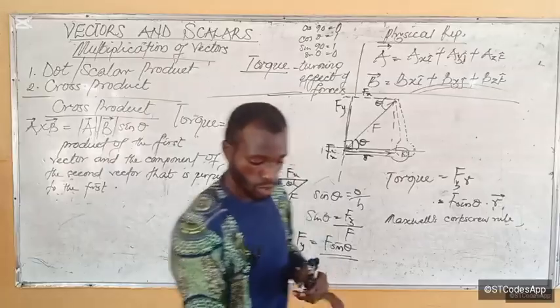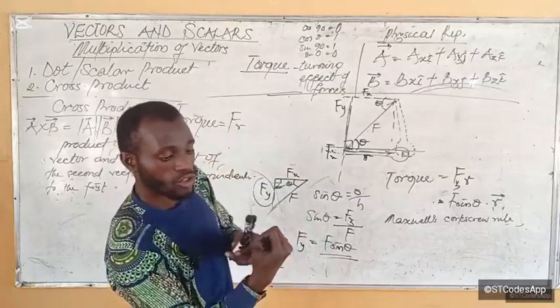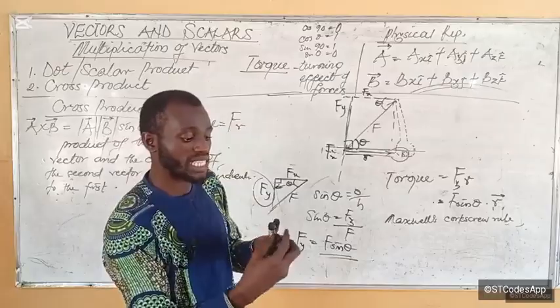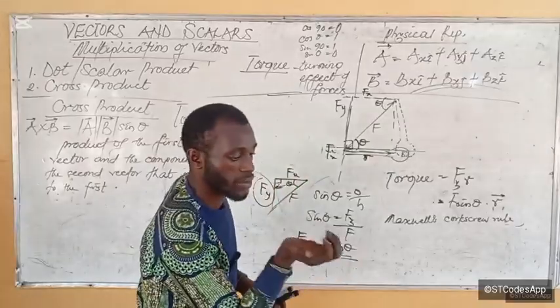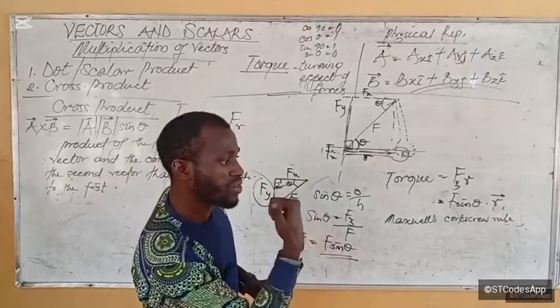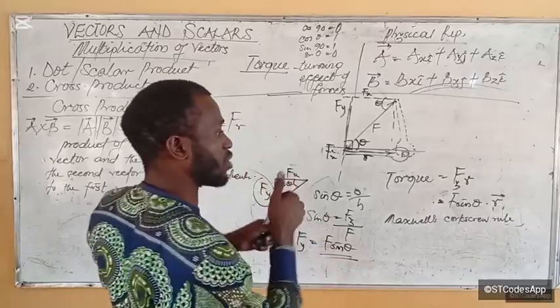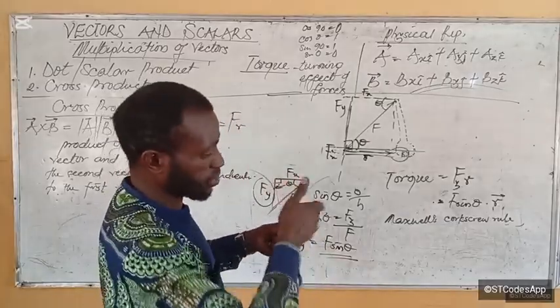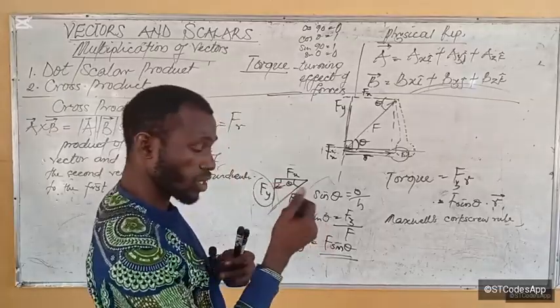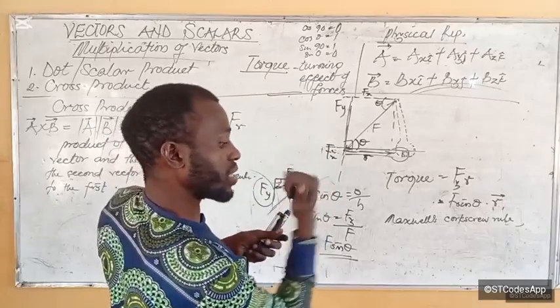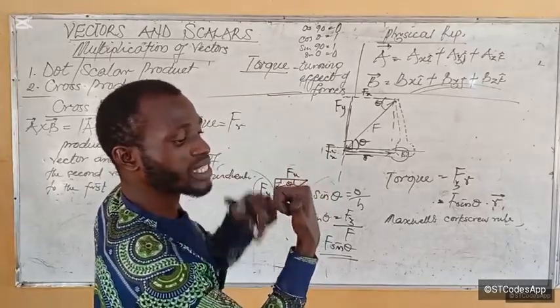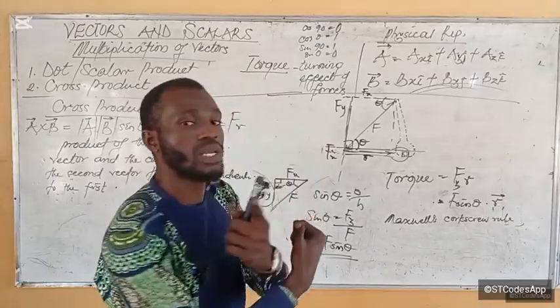As I'm going like this, what direction am I going? The direction that my thumb is pointing is the direction of the third vector. If you are loosening something, you are going like this. So where's your thumb pointing? Out of the board.